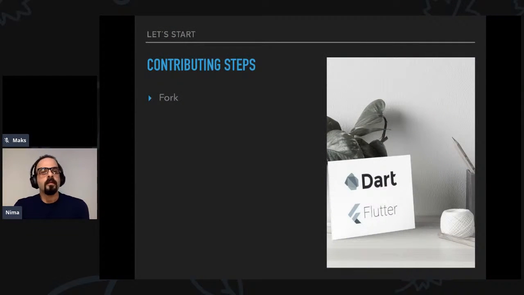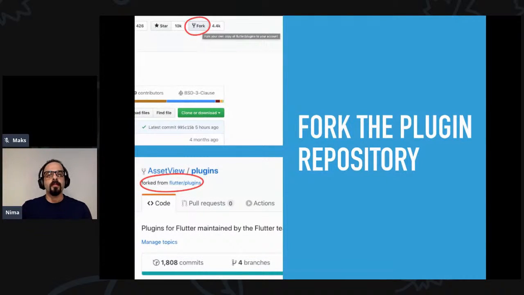Okay, now let's see what should be done. What should we do for contributing as a pull request? What are the contributing steps here? First of all, we need to fork the repository to our own account, because whenever we are going to create a pull request, it should be created from a fork of the main repository. For creating a fork, we can go to GitHub.